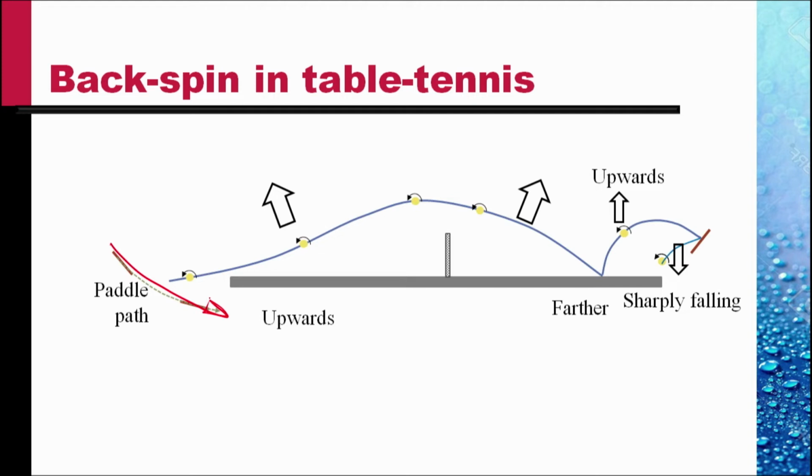After the ball is returned by hitting from the paddle, since the direction of travel of the ball is now reversed, it is moving to the left instead of to the right and spinning in the same anti-clockwise sense. The lift force on the ball is now directed downwards. That's why the return shot dips sharply as it is played.